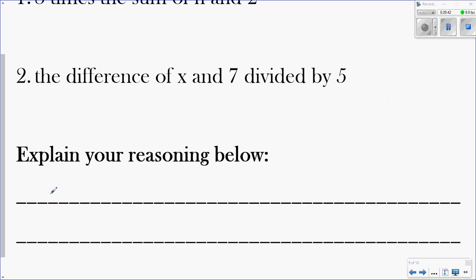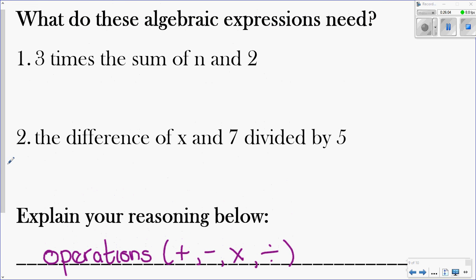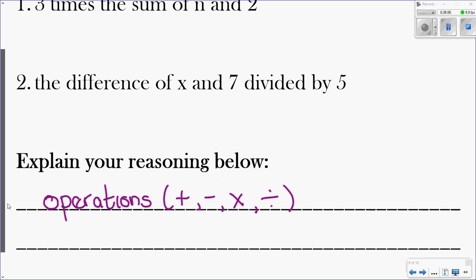I'm going to put operation. And these operations are like plus, minus, the multiply symbol and the division symbol. And of course, you need them because it tells you what operation is happening.